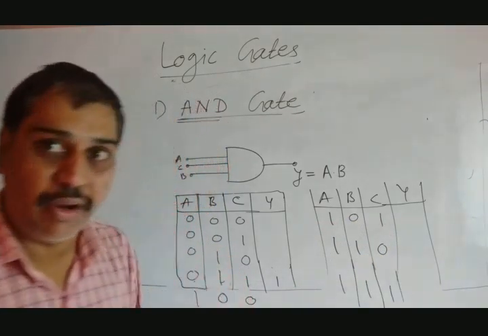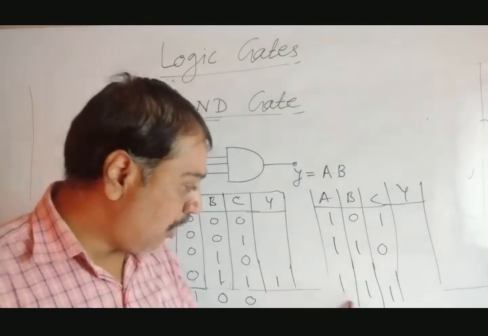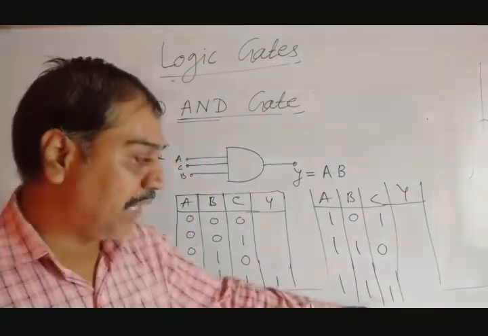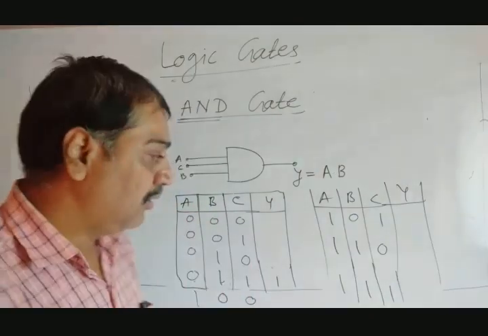Are you getting how I understand this? Because if all the inputs are high, then the output is high. If we are not getting this step, then we can't get it. So I got it.